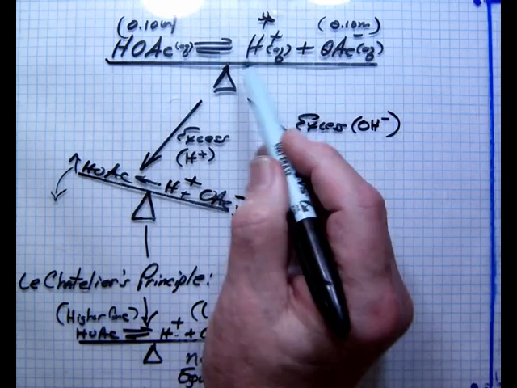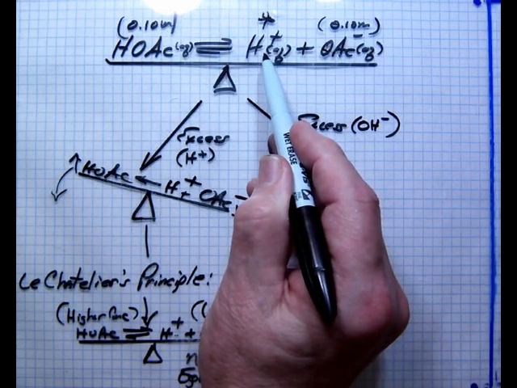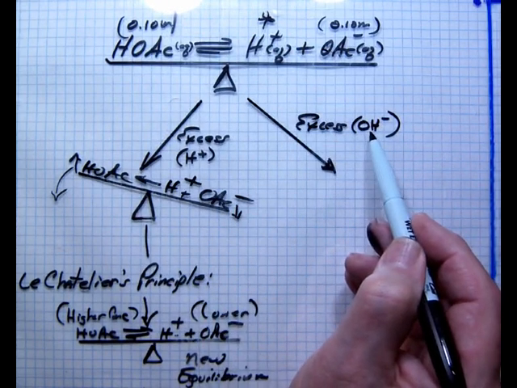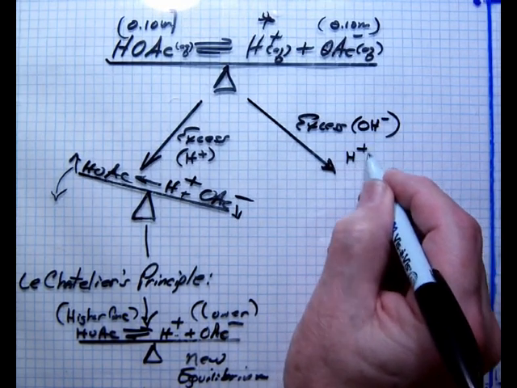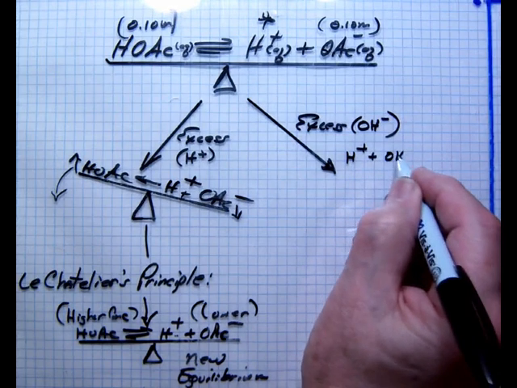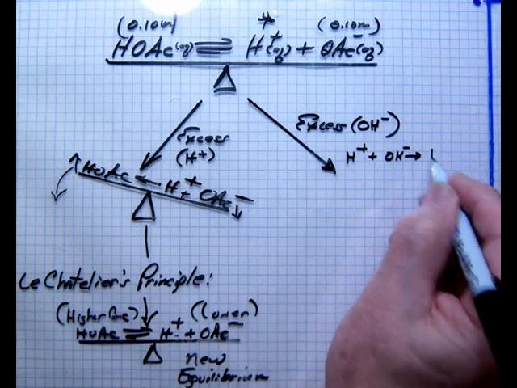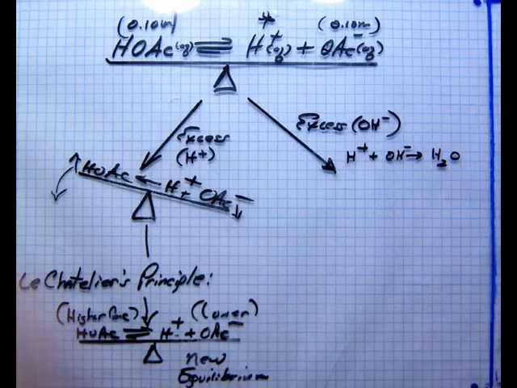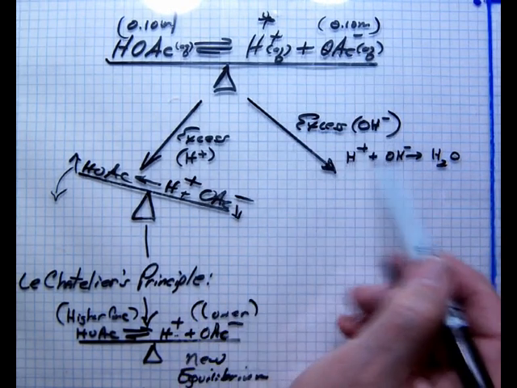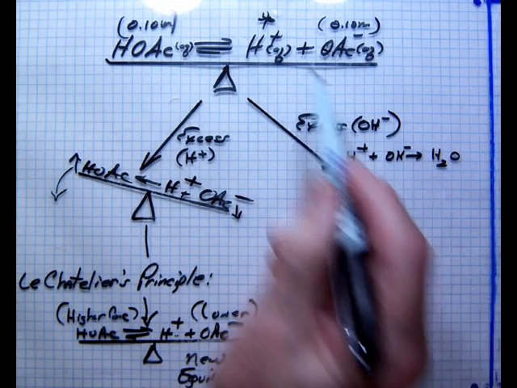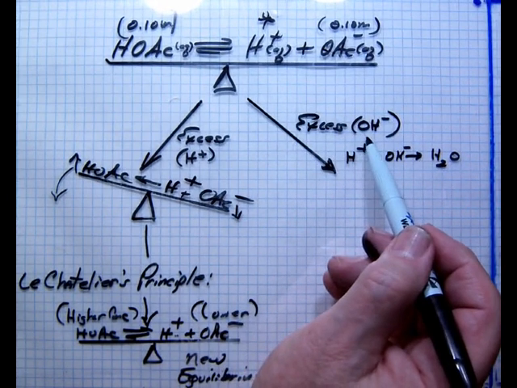Why? Because hydronium ions or hydrogen ions will react with the excess hydroxide. That is, H plus will react with the OH and form water right there. And it will continue to do that until it removes all the excess hydroxide.